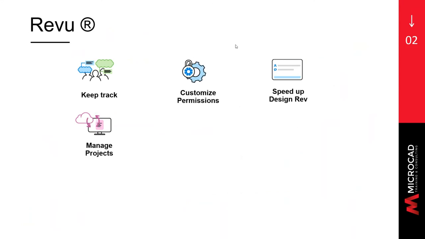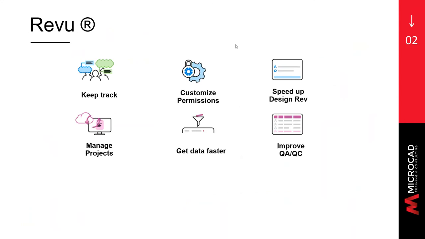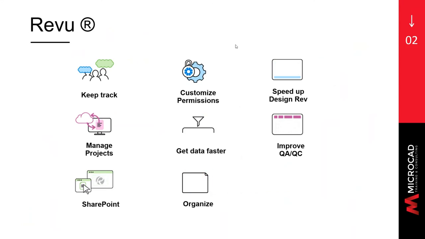Now, we are going to have the same type of tools that we managed in the past. So Revu is going to allow us to keep track of our files, customize permissions. The design review process is going to be as fast as it's always been. We still are going to have the integration with SharePoint, organizing our files, building our bids, managing our projects on the cloud in the same way with Studio Sessions and Studio Projects.